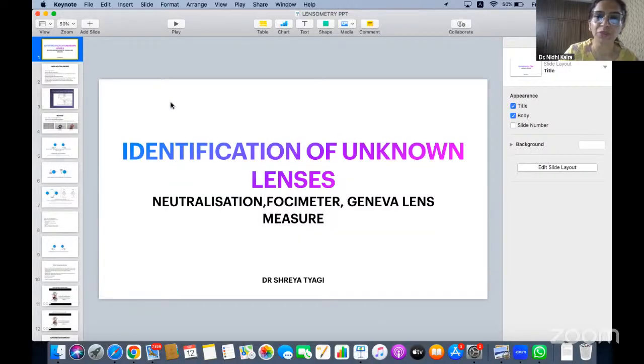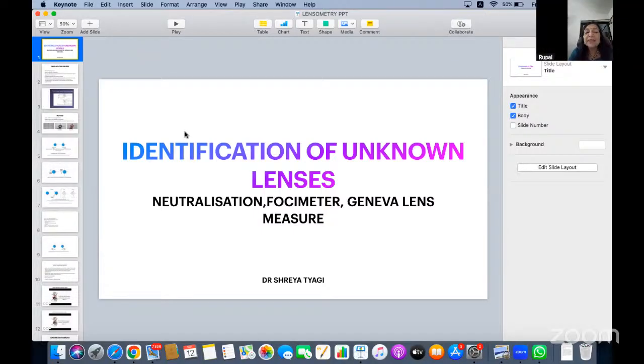Ma'am, Dr. Rupal, would you like to ask some questions? Otherwise, I have. Shreya very nicely dealt with an interesting topic. You've also very nicely given take-home messages, like how important neutralization of the lenses is, and where all you can make use of these particular techniques.